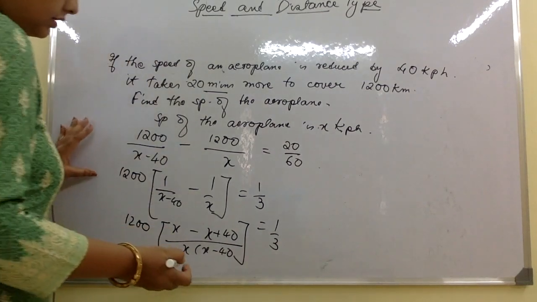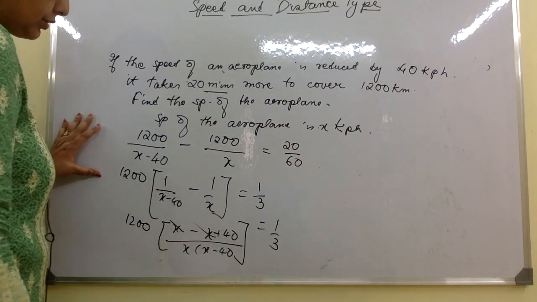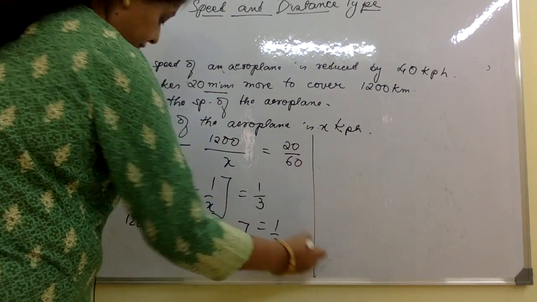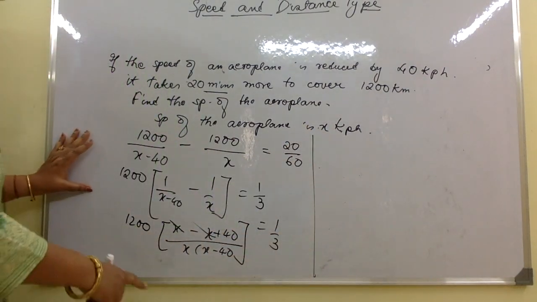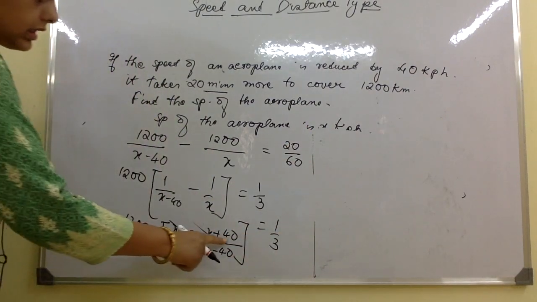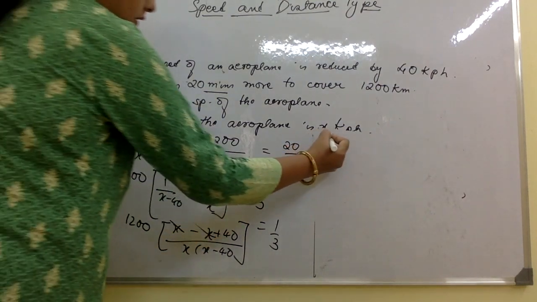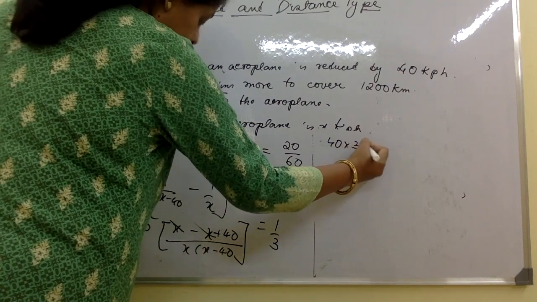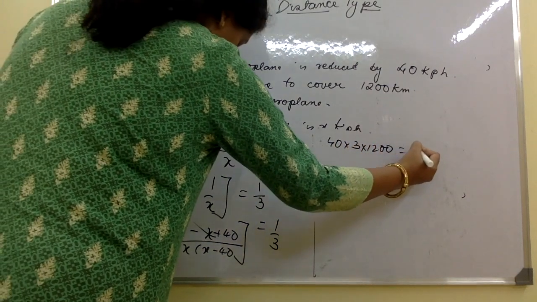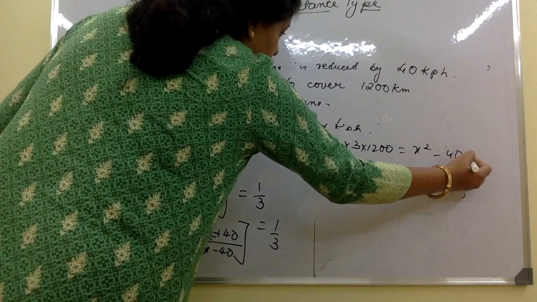Now here I am cancelling this. Here I have a 40, so 40 into 3 into 1200 is equal to x square minus 40x.